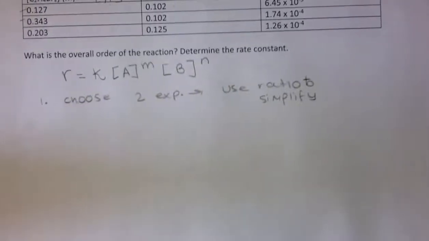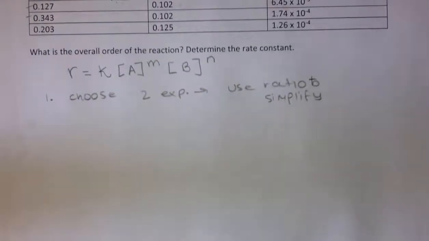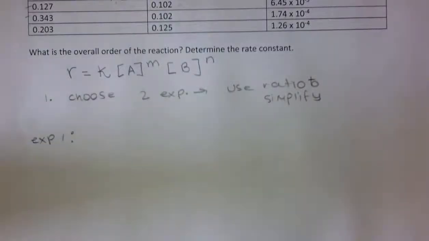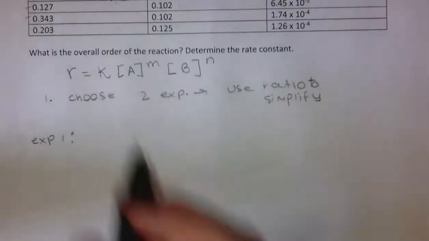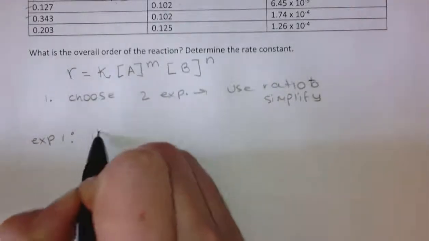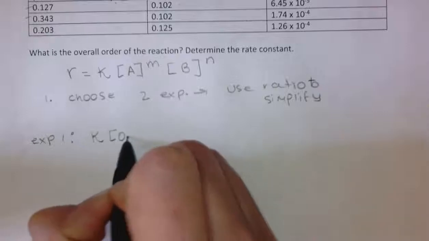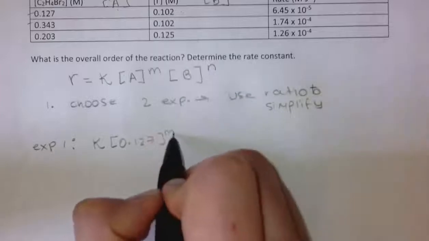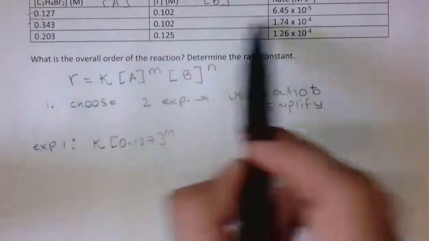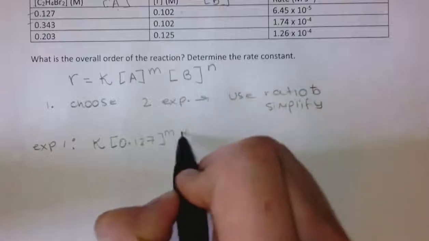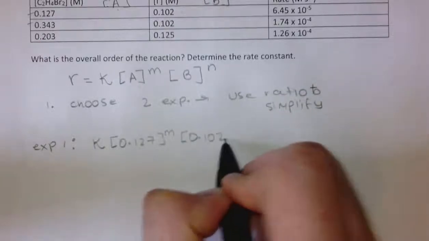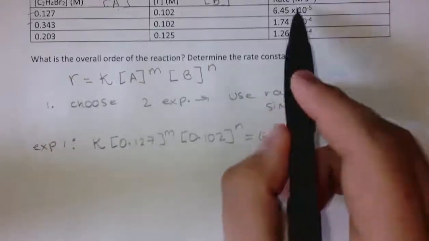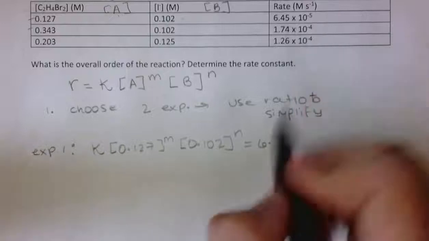I'm going to write out the expressions for the rate equation for experiment 1 and experiment 2. So for experiment 1, our expression is our rate constant K times our concentration of A raised to some power m, and I'm just looking at this data here, times the concentration of component B raised to the n equals our rate, and we're given our rates in this column here.